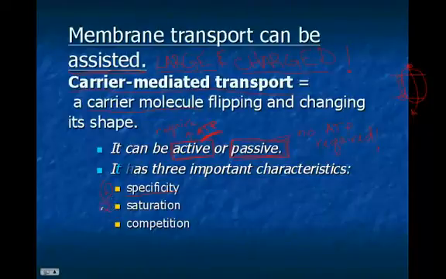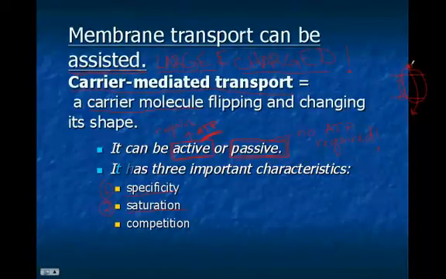The second thing to remember is that because whatever that molecule is, let's say in this case it's glucose, requires a transport protein to get across the membrane, those proteins can reach what we call a saturation point.